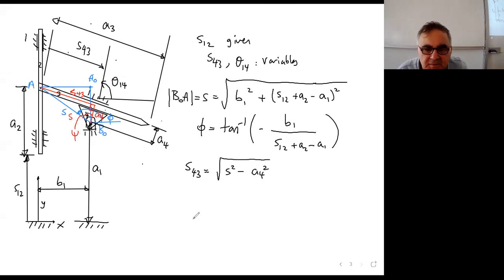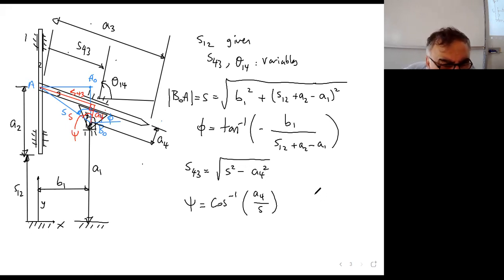Psi angle is... and if you look at it, theta 1,4 is phi minus psi.